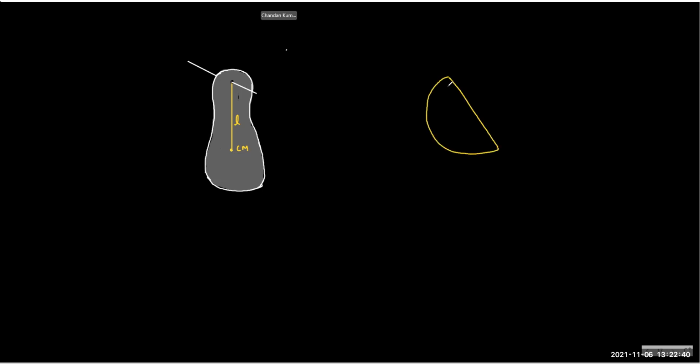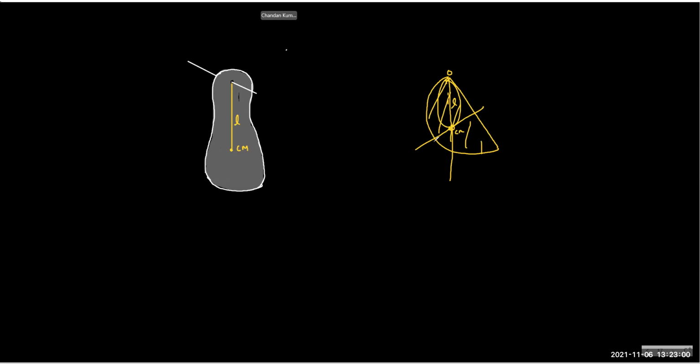Maybe a semicircular disk. If I suspend from here, then we know the center of mass is somewhere here. So now L becomes this one. This is the L.